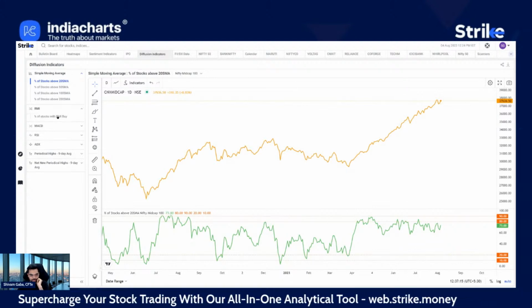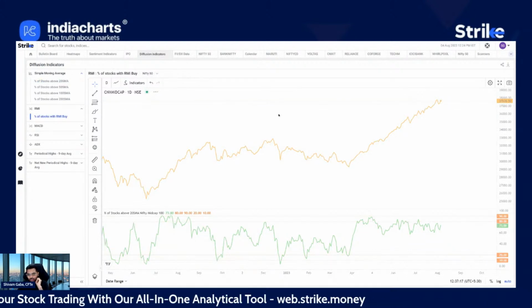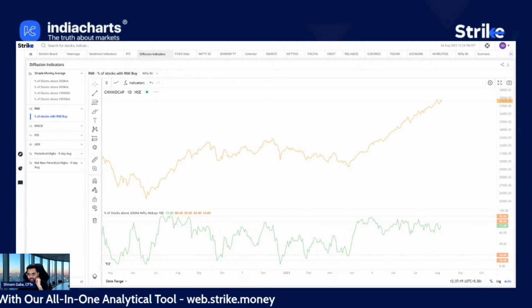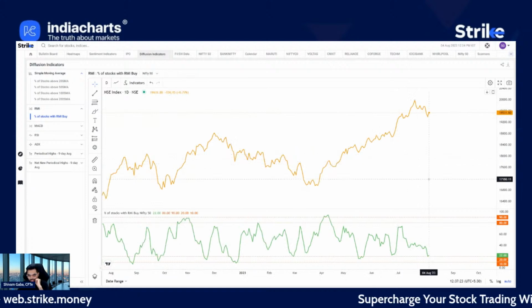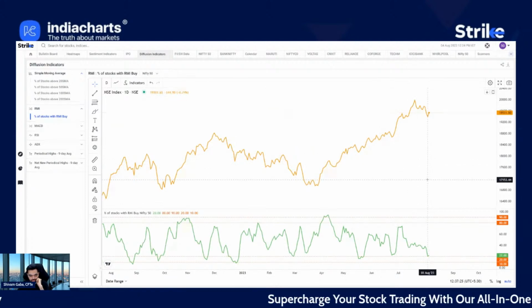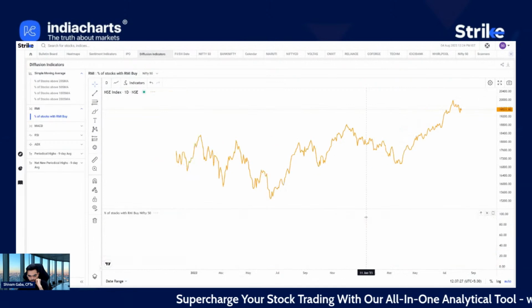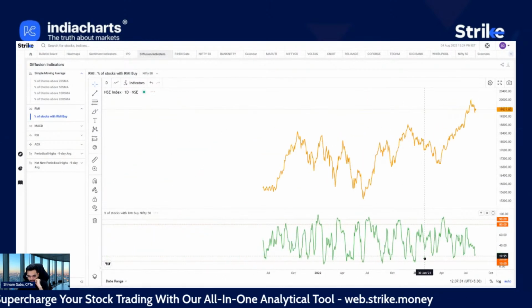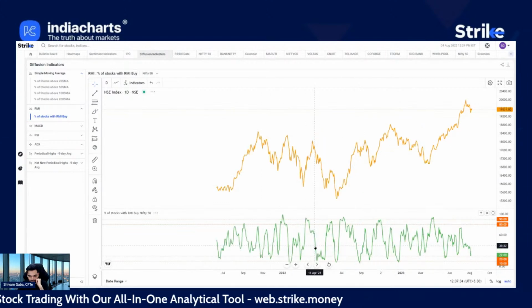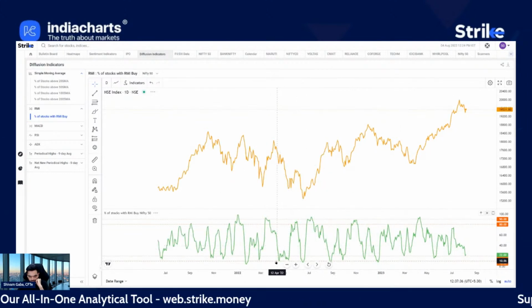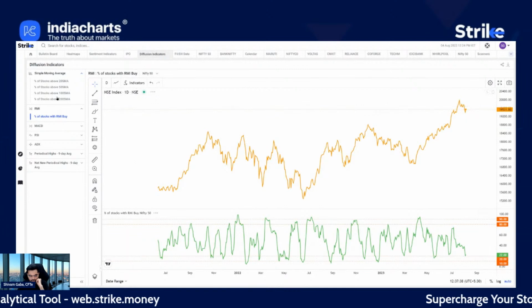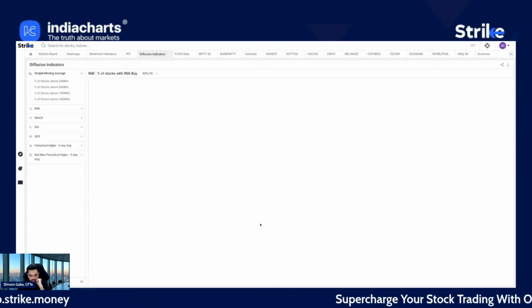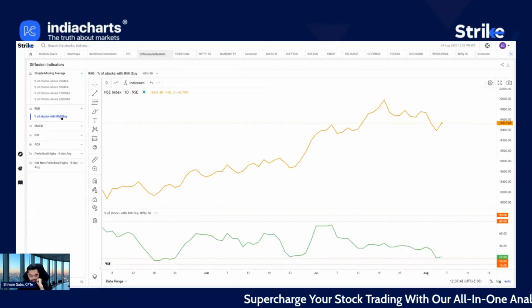But if we look at the number of stocks with their RMI indicator in buy, I'll show you. You can see it has reached, as of yesterday, 20, and 20 has been an oversold reading for this indicator and has worked well during the previous action. So from 20 or below-20 readings, we have got many pullbacks.